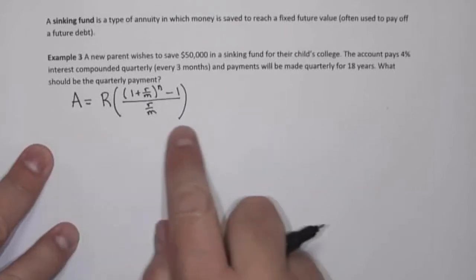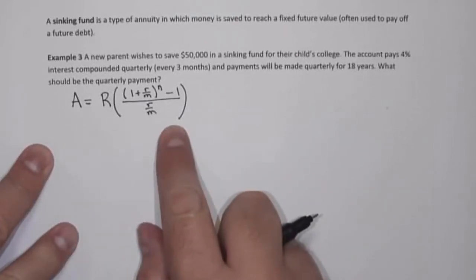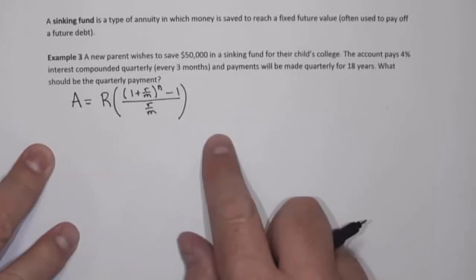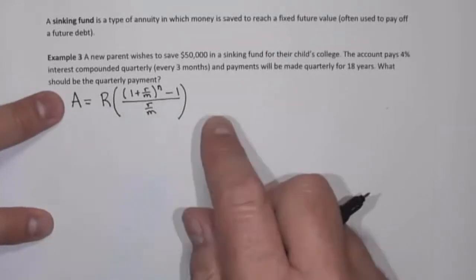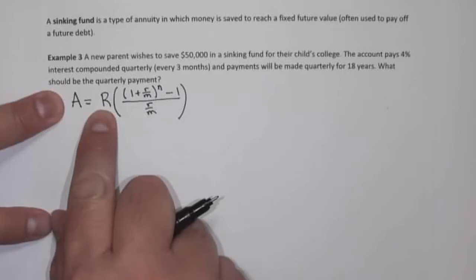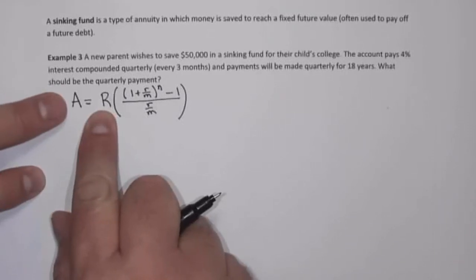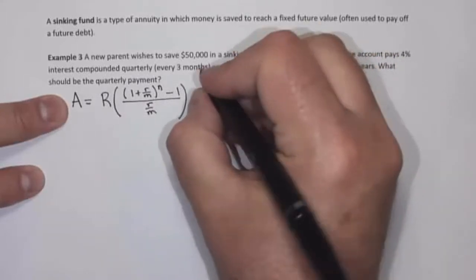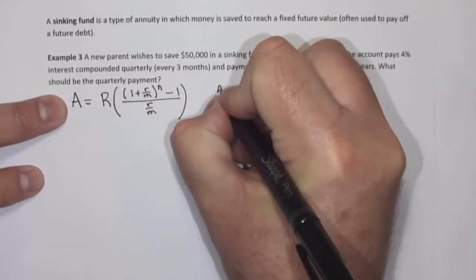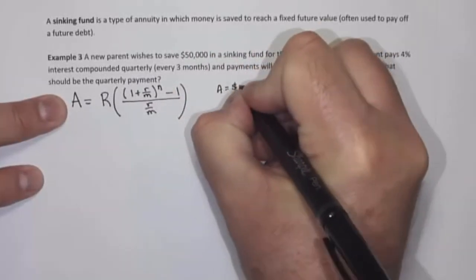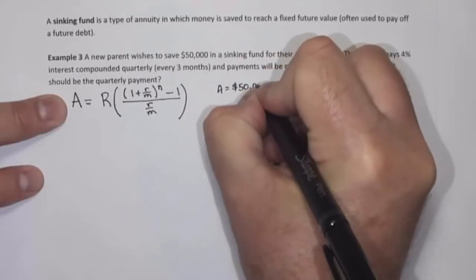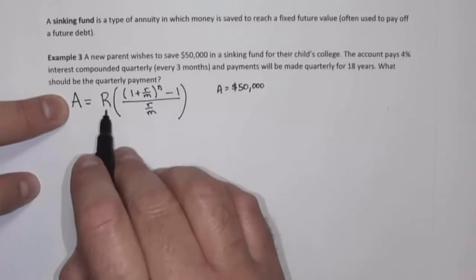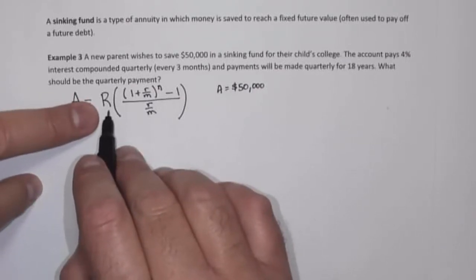So we're using the same annuity formula that gives us the future value of the annuity, but in this particular case we're going to use that to figure out what our quarterly payment needs to be. So if I figure out what it is that I know, again, I want the future value to be $50,000. So I know what A needs to be, what the future value needs to be. What I don't know is what the quarterly payment needs to be.